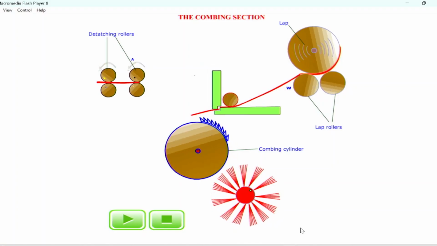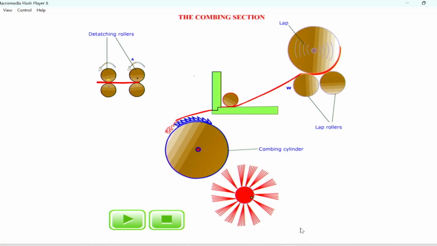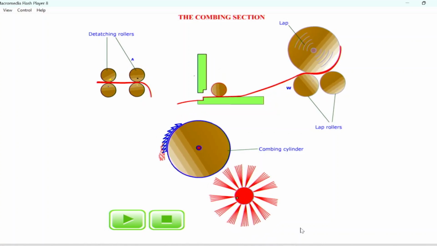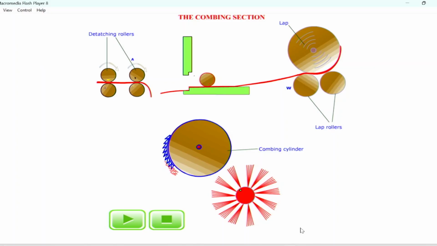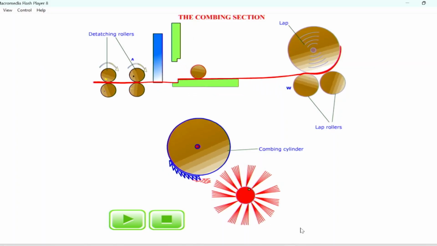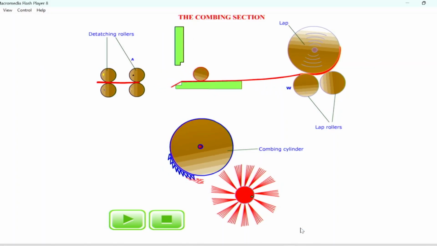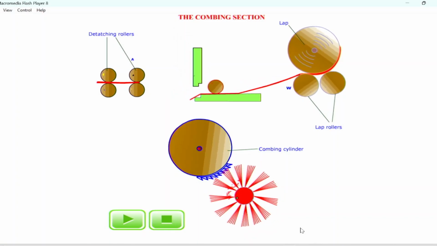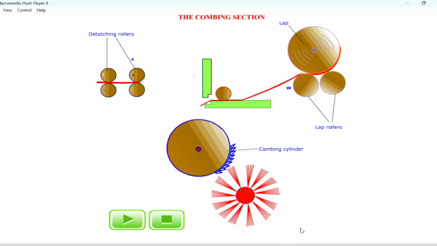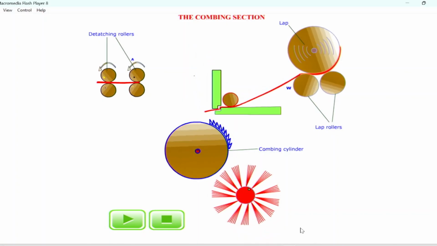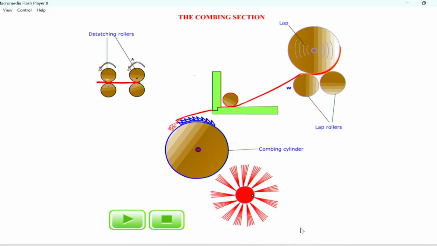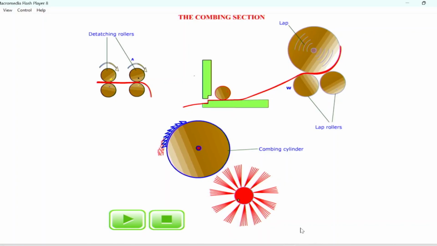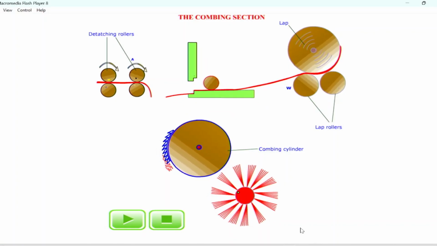Now we will see that when the nippers start moving in the forward direction, the detaching roller rolls in the backward direction and overlapping takes place, and when detaching takes place, the top comb, which was shown in blue color, comes into picture.